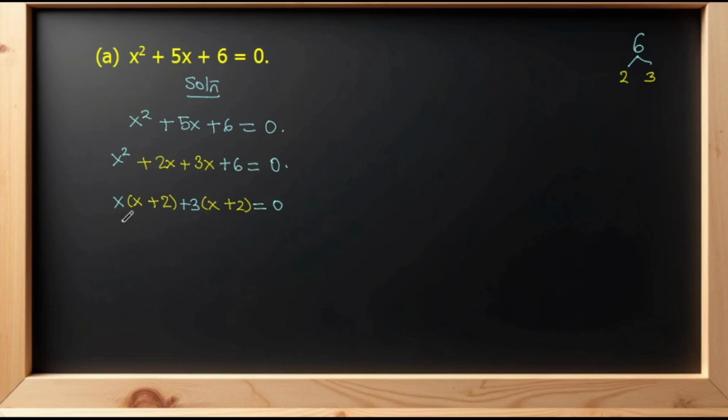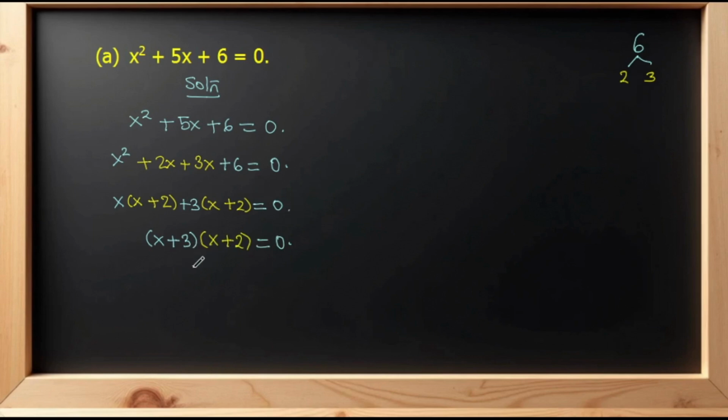So let's collect the coefficients of this identical bracket to form a new bracket, and that is going to be x plus 3, and then we select one of these identical brackets in yellow, and we have x plus 2. This must give us 0.